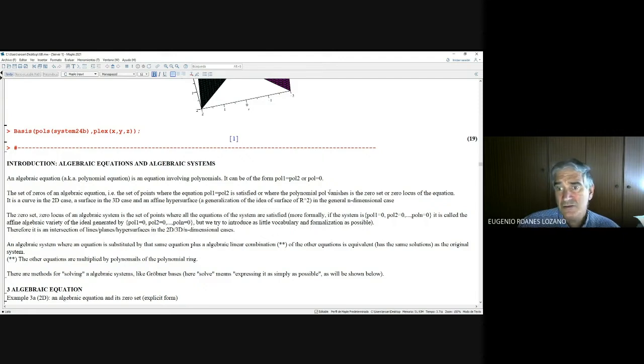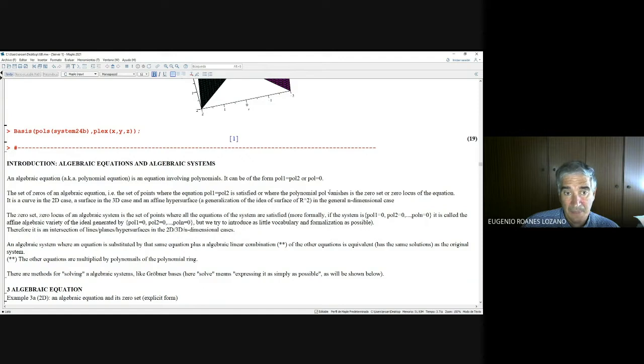That set of zeros is also called the zero locus of the equation. It is a curve in the 2-dimensional case, a surface in the 3-dimensional case, and an affine hypersurface in the n-dimensional case.